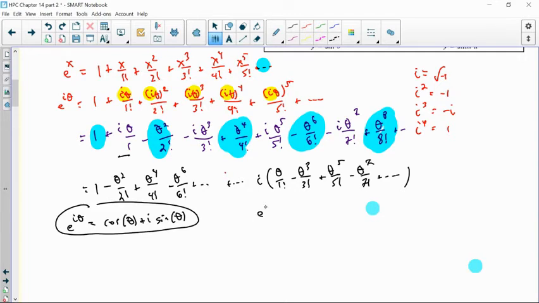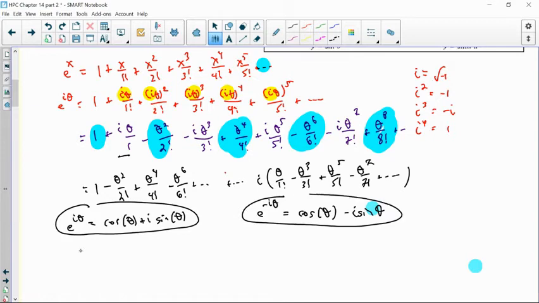And we're also going to look at e to the negative i theta, which simply is cosine of theta, and then becomes minus i sine of theta. Okay, so we look at those two. If I add those two numbers, so if I take e to the i theta plus e to the negative i theta, then what's happening on the right side?